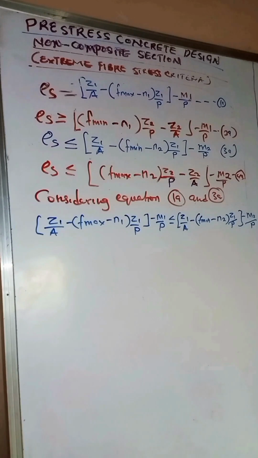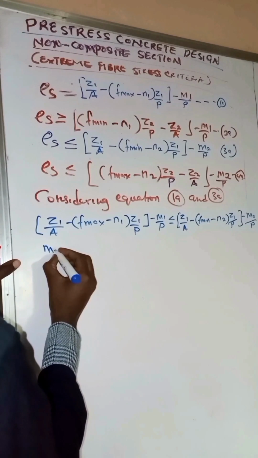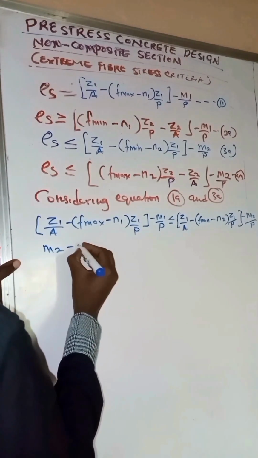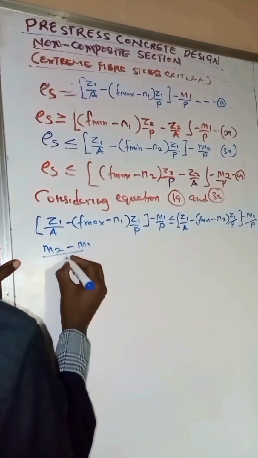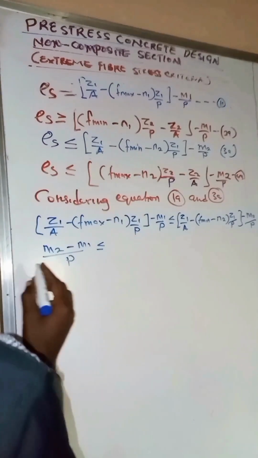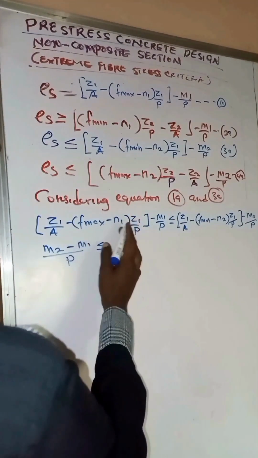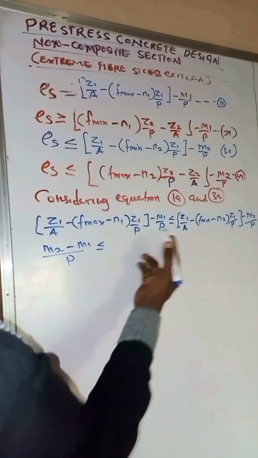So solving this inequality, we are looking for the moment variation. So we're going to have this as M2 minus M1 over P is less. Now let's pick the like terms. We're going to express this term Z1 over A here.